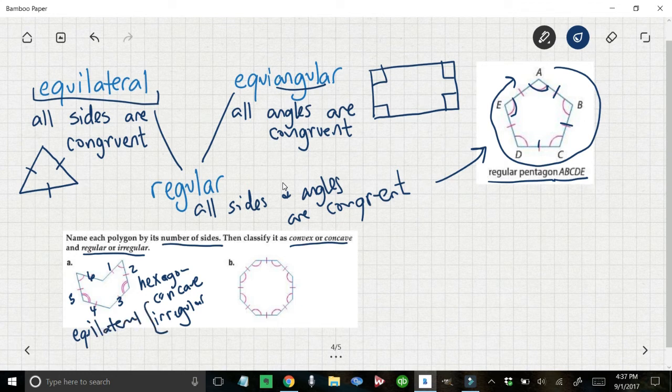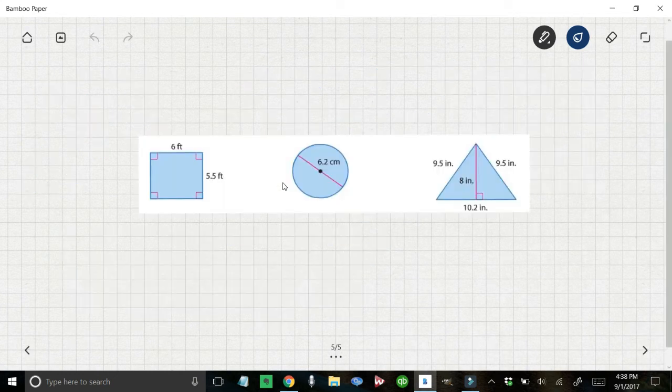But since it's not equiangular, we have to call it irregular. And for this one here, this has 8 sides. So 8 would be an octagon. Okay, it is convex. And this one is regular because all of the sides are the same length and all of the angles are the same measure.